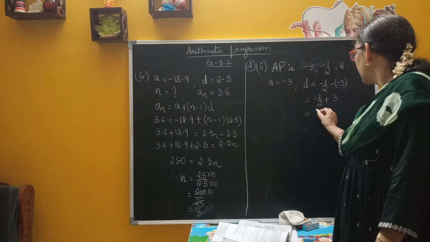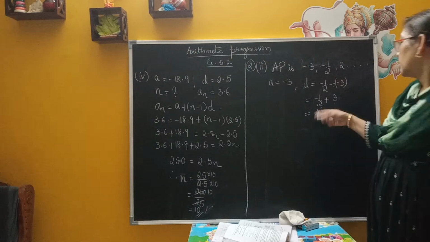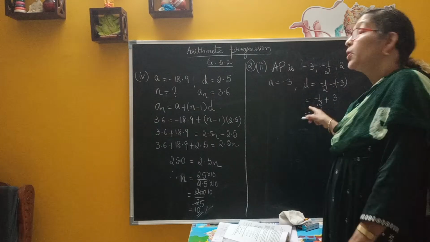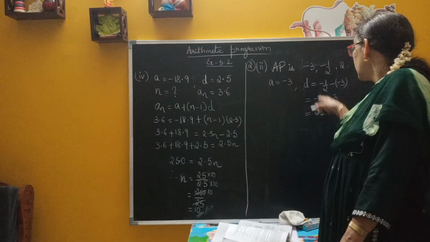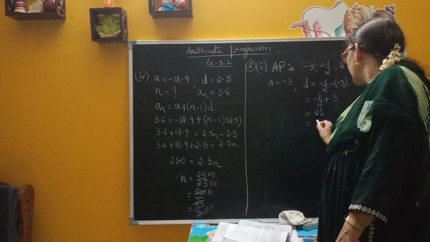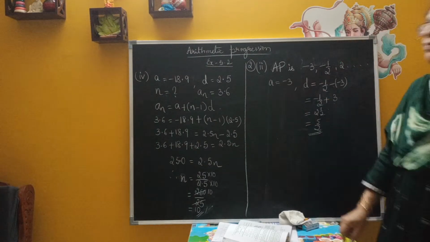You can write it in improper fraction form, which is easy to simplify. So we can write it as 5 by 2. So d value is 5 by 2.